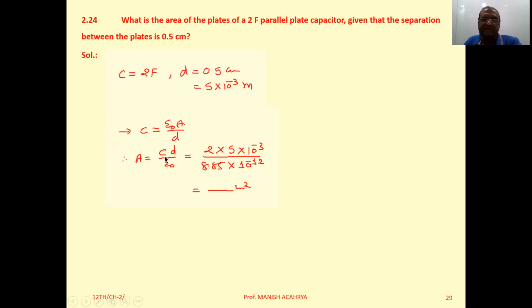So A is C D upon epsilon 0. C is 2, D is 5 into 10 raised to minus 3, epsilon 0 is 8.85 into 10 raised to minus 12. Now solve this one. You will get the area of the plates. Clear to all of you?